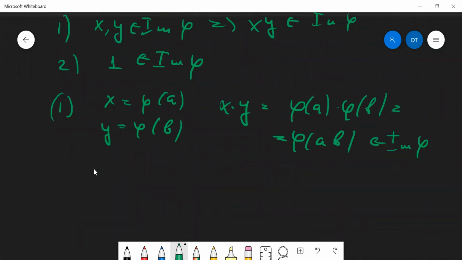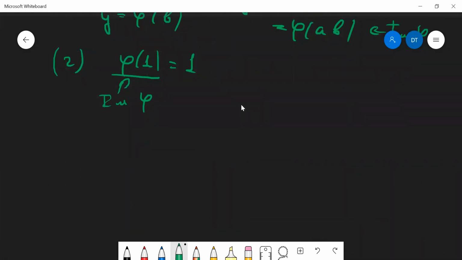And the second is even easier. Since phi of 1 is equal to 1, this simply means that this element is in the image. And that's it. So we have checked all the properties for being a subring.